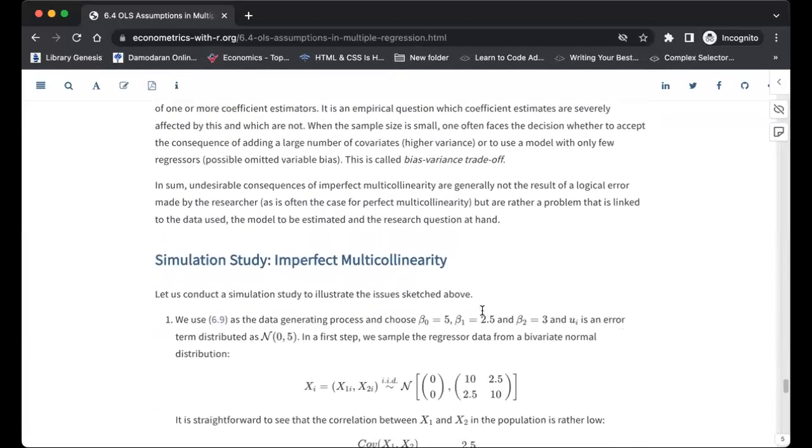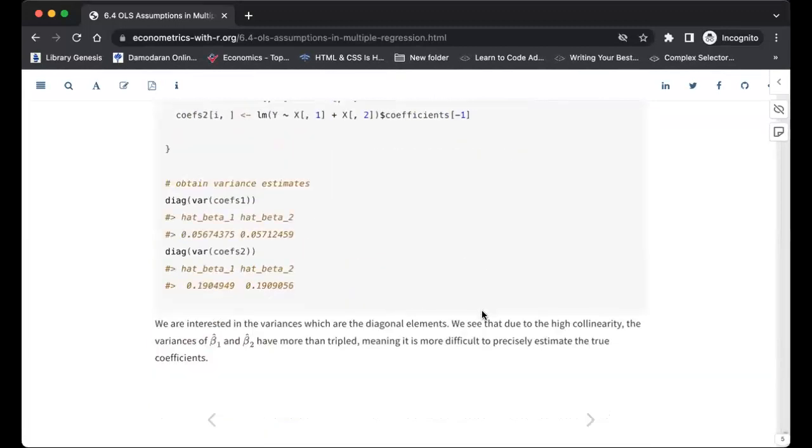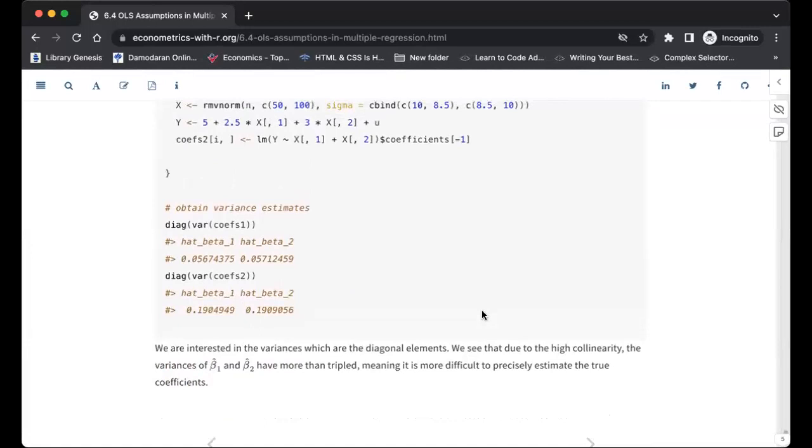What you say about imperfect multi-collinearity means we are very suspicious. We have a suspicion that some variable has a multi-collinearity problem, but we are not sure if there is one.